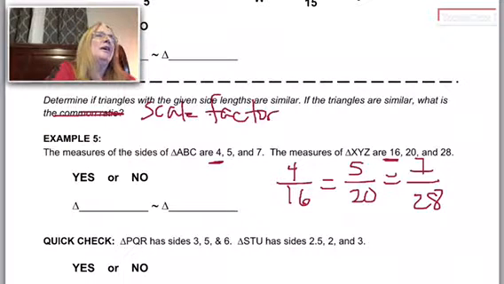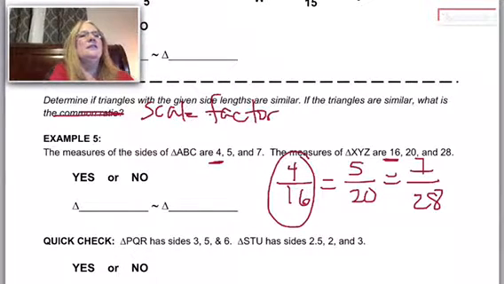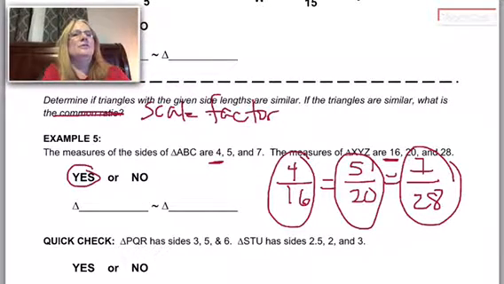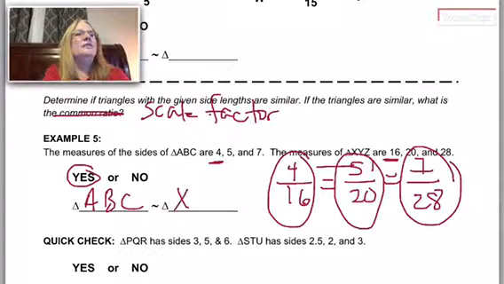Again, on this one here, I notice that I see a scale factor right away because I know that 4 times 4 is 16, 5 times 4 is 20, 7 times 4 is 28. Or you can put these all in your calculator and you'll get 1/4. Yes, they're similar because we have 3 pairs of sides that are proportional, and so the order would be the same order that it's written here. A, B, C, X, Y, Z.